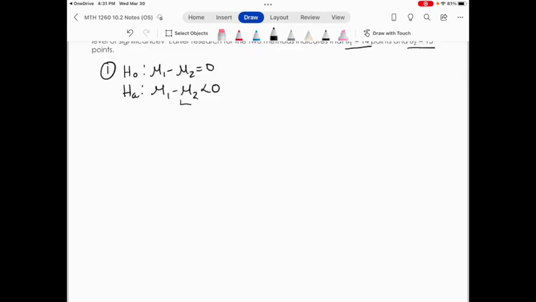For the alternative hypothesis, we're going to state that mu1 minus mu2 is going to be less than 0 because we are guessing that mu2 is bigger, which means when I subtract mu1 minus mu2, it's going to be less than 0. The other way you can write it is you can just simply say that mu1 is less than mu2.